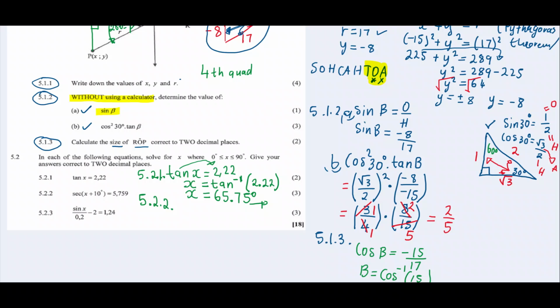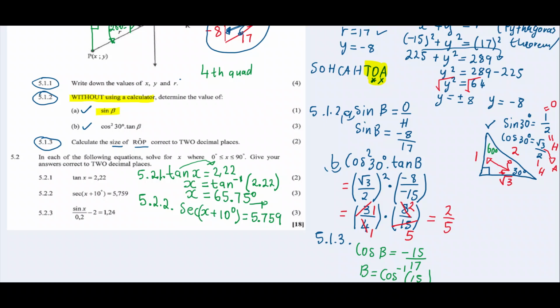So let's move on to the second question, 5.2.2. So we have the sec of x, the secant of x, which is equal to 5.759.